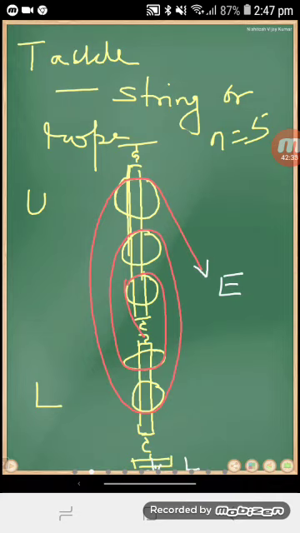But now if you try to observe, the upper block is being attached to the fixed or the rigid support. Therefore, the entire weight of the pulleys is going to be experienced by the hook. But the lower block, if you observe, the weight is going to be experienced by the tackle, that is the string.